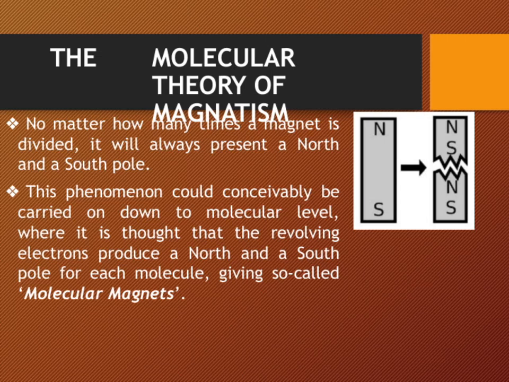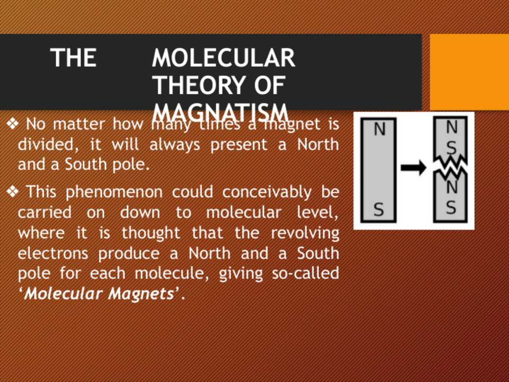No matter how many times a magnet is divided, it will always present a north and a south pole. This is a fundamental property of magnets that remains true regardless of how small the pieces become. Now, this idea might seem straightforward at a macroscopic level, but it actually extends down to the molecular level. It's thought that the revolving electrons within molecules produce their own north and south poles, essentially creating tiny magnetic fields.